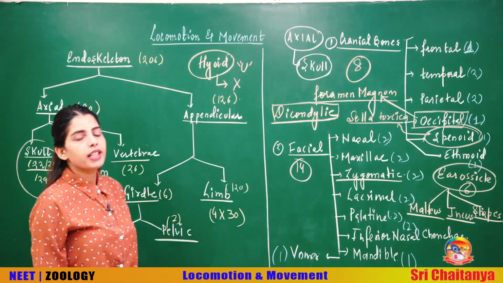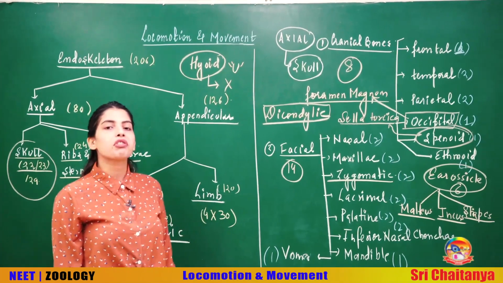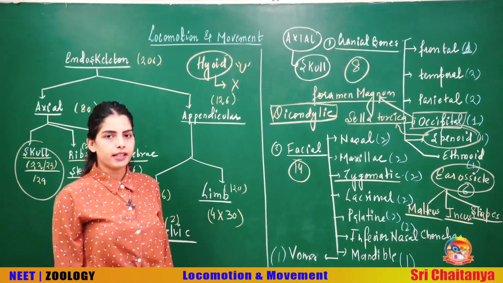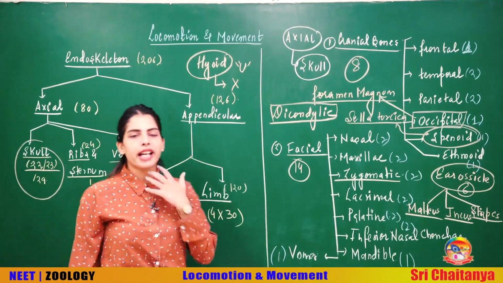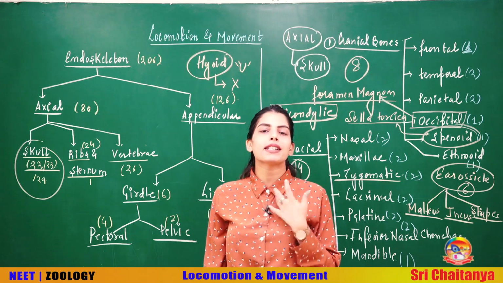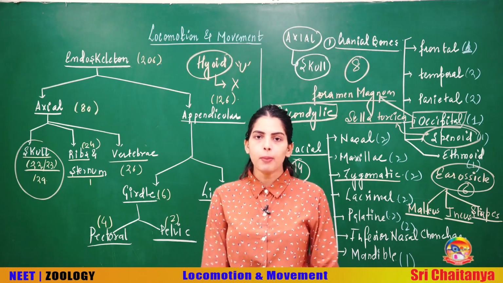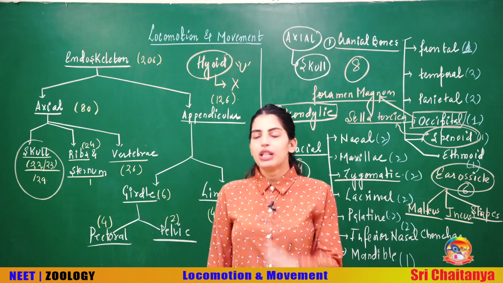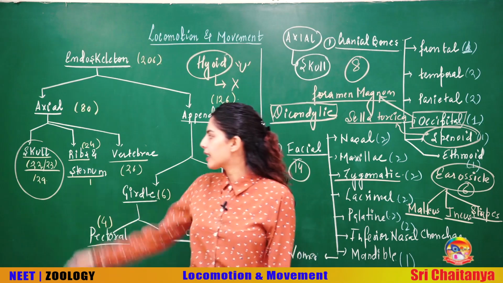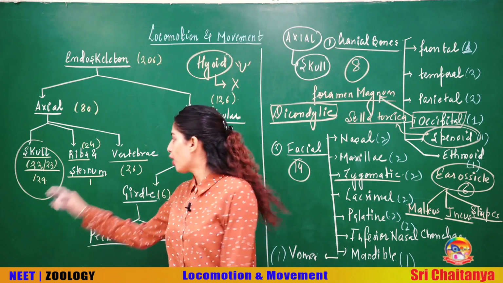This hyoid along with your tongue is responsible for formation of the hyoid apparatus. This hyoid helps in the movement of the tongue, because the tongue muscles are attached to this bone. So single U shape which doesn't articulate with any other bone is the hyoid bone. So all these bones of the axial skeleton comprise your skull.